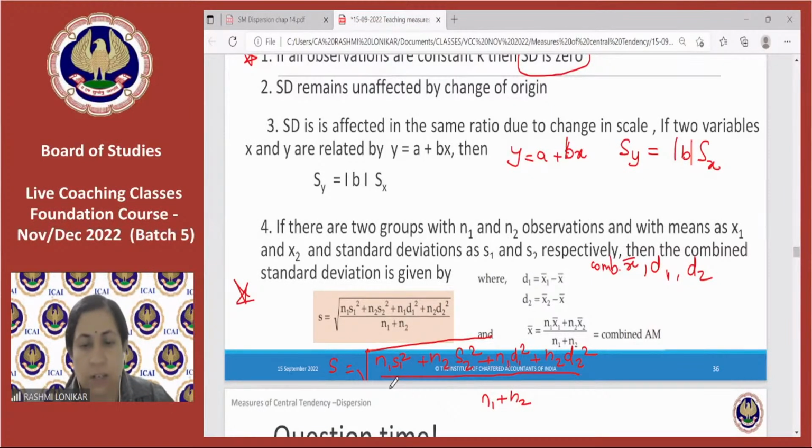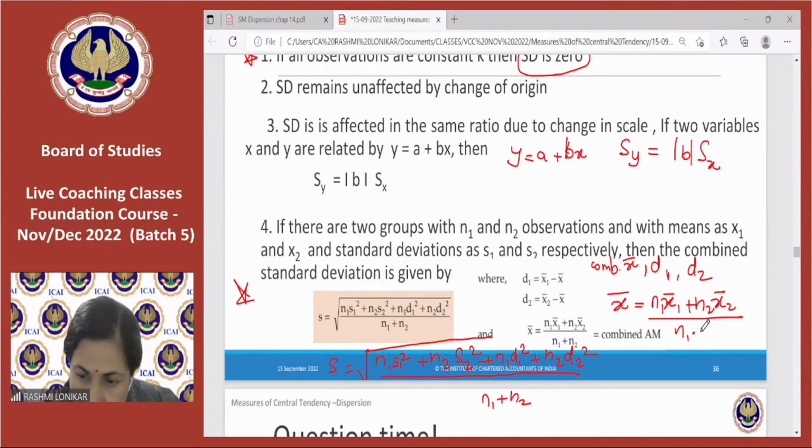This whole thing is under the square root sign. What is x bar? It is the formula for combined mean, which is equal to n1 x1 bar plus n2 x2 bar upon n1 plus n2.